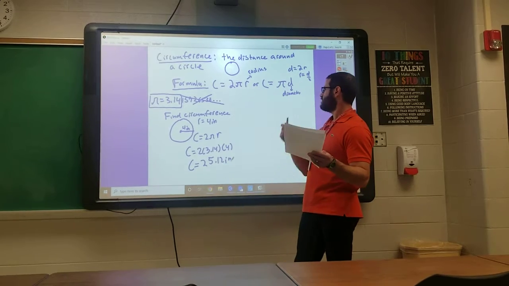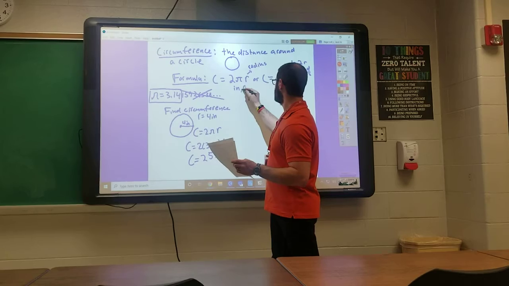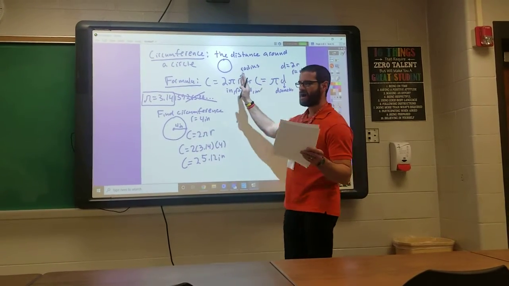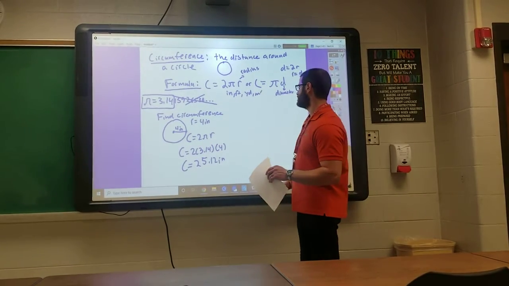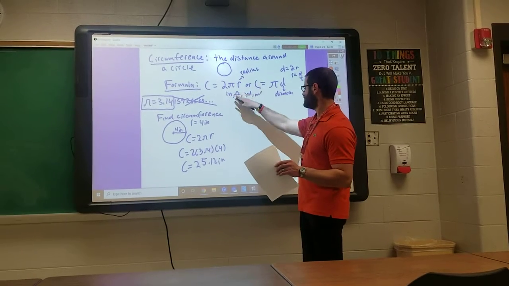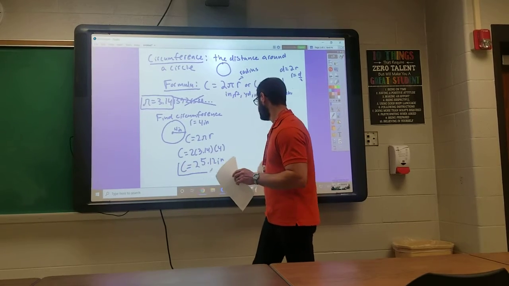When we do circumference, we're looking at just regular units like inches, feet, yards, meters. It's not area, it's just a distance, right? Circumference is just the distance around the circle, the total distance we travel. So it's not square units. Here, circumference would be 25.12 inches.